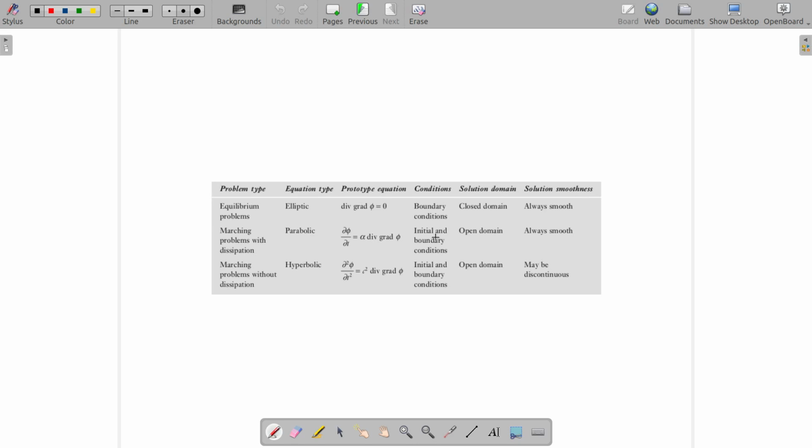I think this table will be very useful for you. You can see the very important features of three types of equations. First you have the elliptic equations, which are usually used for equilibrium problem types.